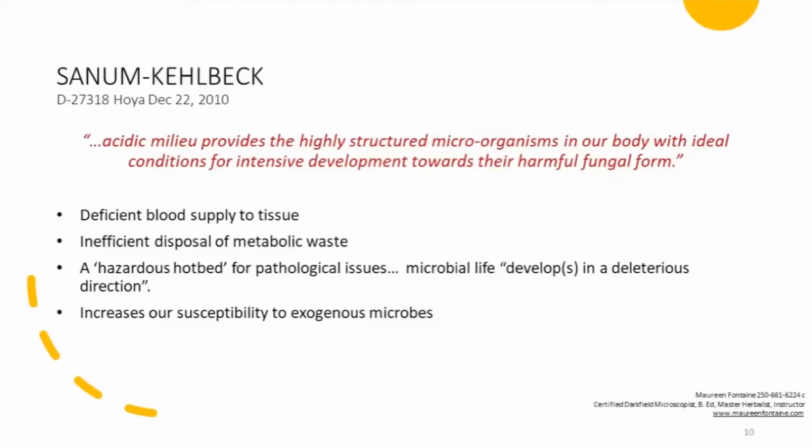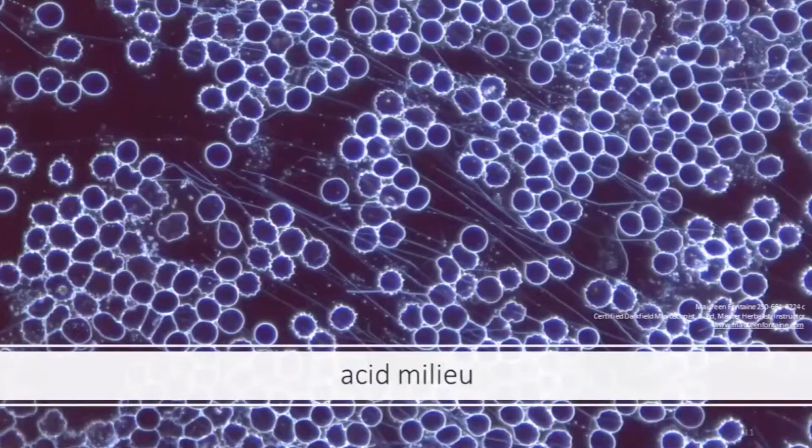There's an inefficient disposal of metabolic waste, and we're a hotbed for pathological issues, meaning microbial life. And I certainly do see that this happens. So the more acid you are, the more microbial life is overtaking your body. And this also increases our susceptibility to exogenous microbes or parasites.